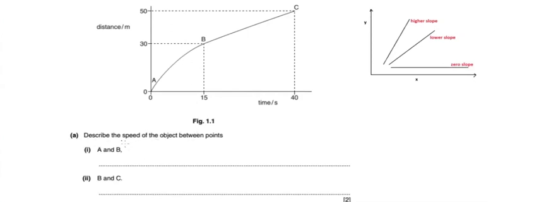So they are asking about the speed, and we know that in a distance time graph, the slope is nothing but the speed. Okay, so we have to decide here between A to B and between B and C. So here from A to B we have to determine what is the nature of the slope, and the nature of slope itself is the nature of the speed.